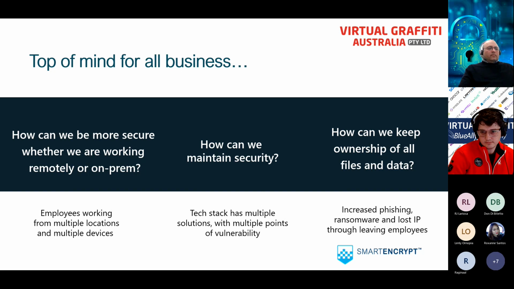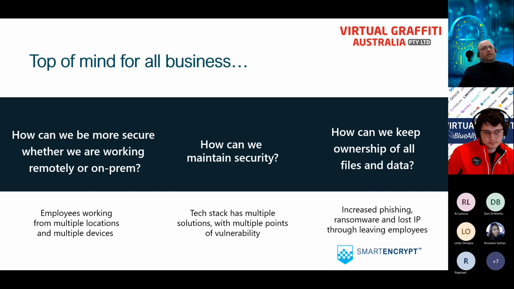The problem with such an environment is that there are multiple points of vulnerability since data is spread across multiple environments. And the problem is also from a visibility perspective. How do you keep a close view of who owns what data across your entire environment?